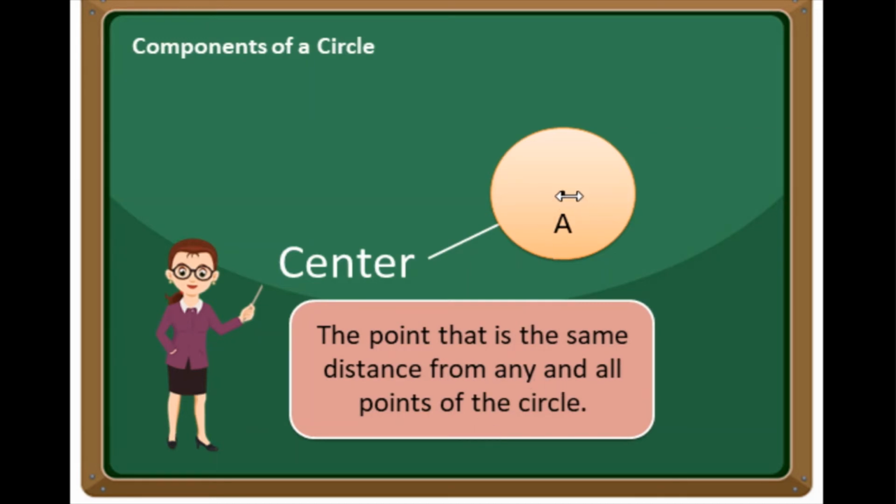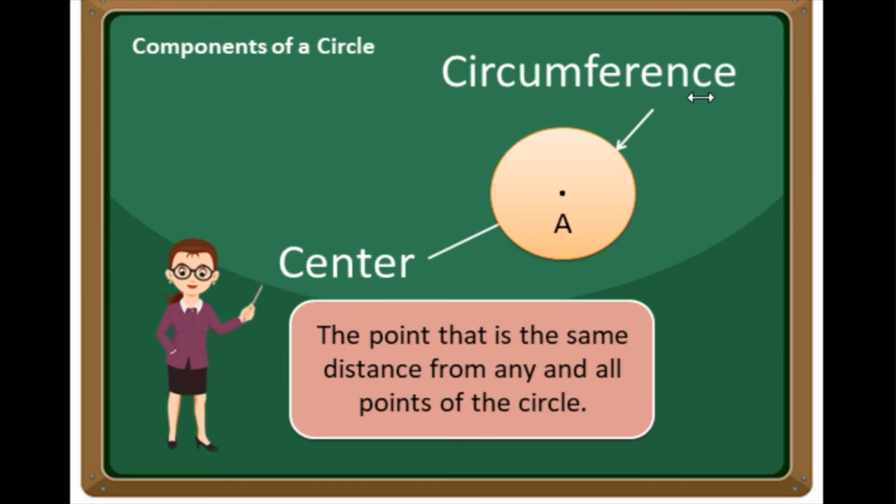So from here or here, here or here, here or over here, the measurement or the distance of it are still the same. Again, what is this? Center. Good job. And the entire circle, we can call it as circumference. Again, please.